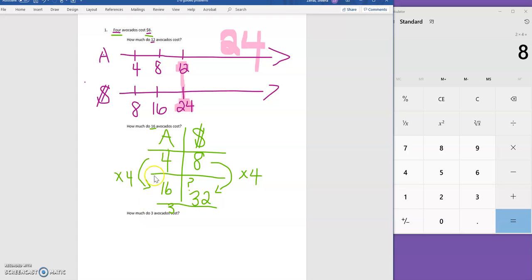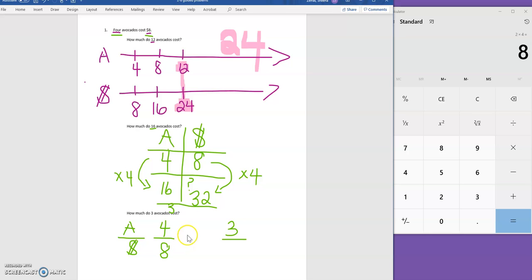So what I'm going to do when the double number line or the table is a little bit tricky is first write my ratio as a fraction, avocados to dollars, and the information again is 4 avocados cost $8. And what I'm trying to solve for is, what is the cost of 3?